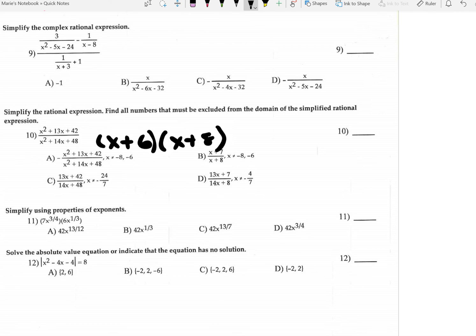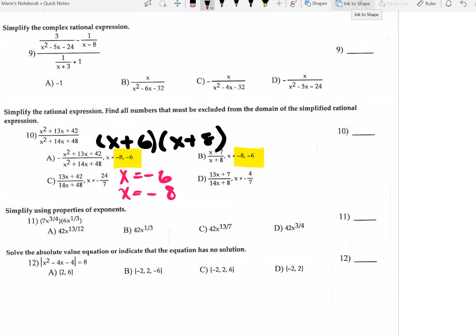So the two values right away that come to my mind that x cannot assume are right here. It's either going to be this answer or this answer. You can forget about C and D, because we're technically just saying then in this case that x equals negative 6 is a no-no, and x equals negative 8 should not also be accepted.